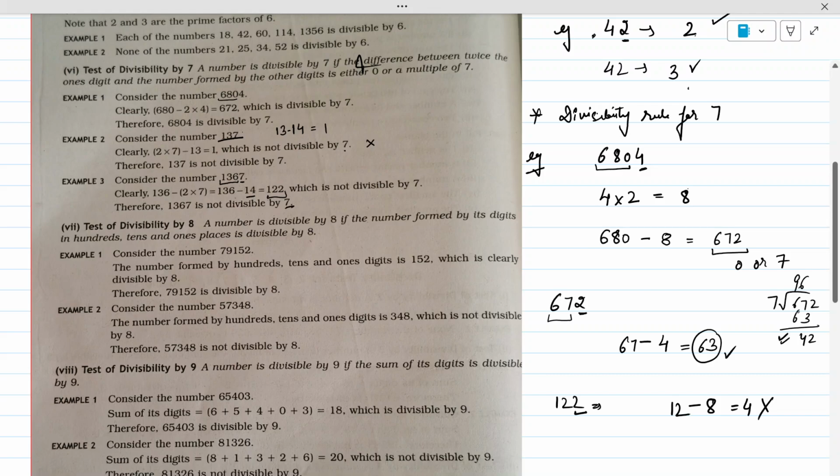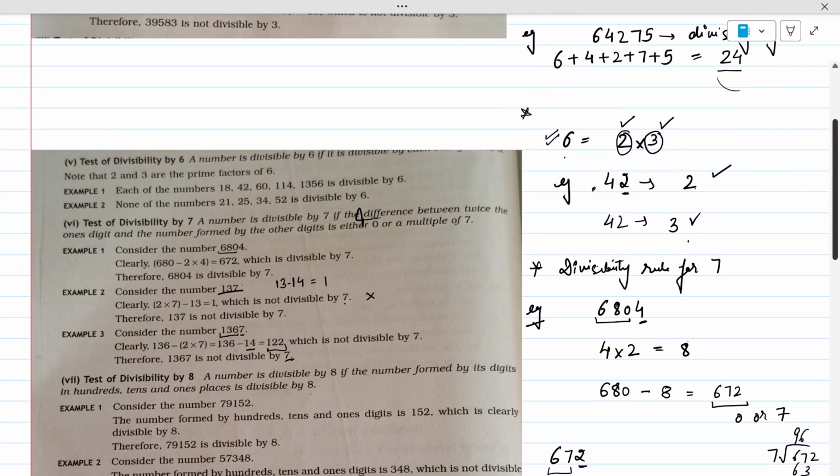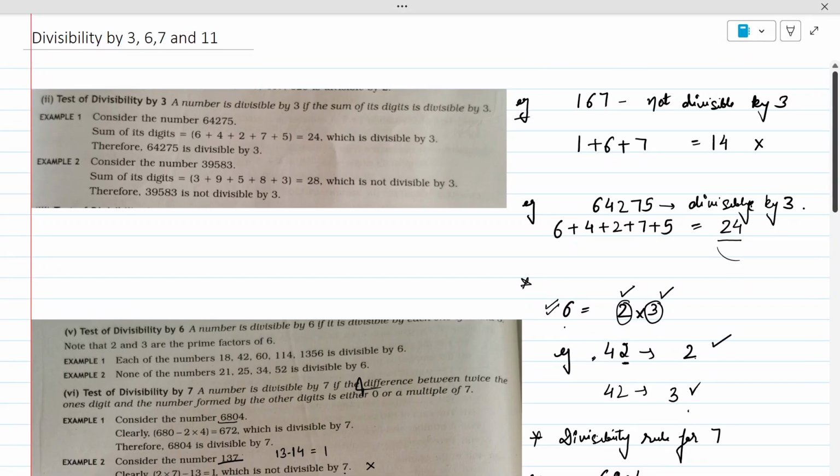So kids, I hope you understand these three first. Let me revise these three again. First, to check if a number is divisible by 3 or not, we add all the digits of the number and then see whether that sum is a multiple of 3.